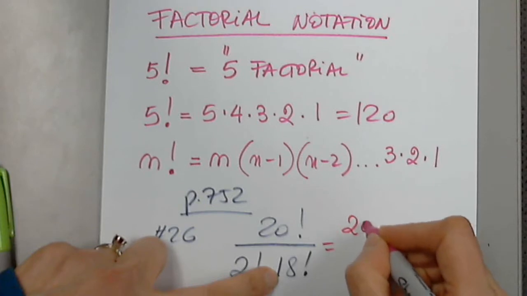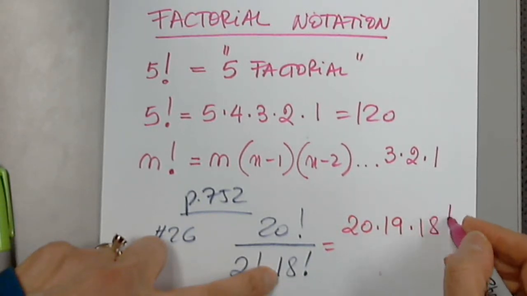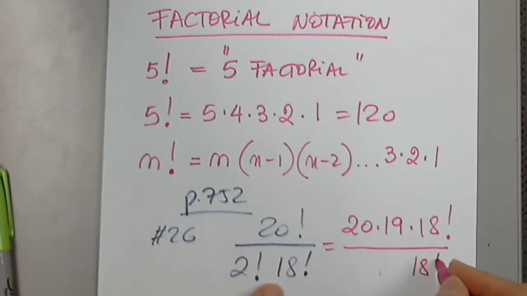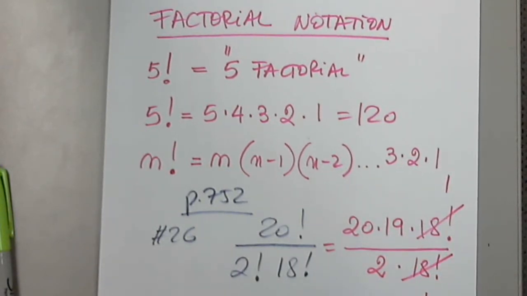And I could say 20 multiplied by 19 multiplied by 18 factorial. I didn't want to go all the way and say 20 factorial times 19 times 18 times 17 and so on times 1. Because I realized that there is an 18 factorial in the denominator, and 2 factorial is just 2, because it's 2 times 1. And this is the wise thing to do, instead of punching in the graphing calculator.